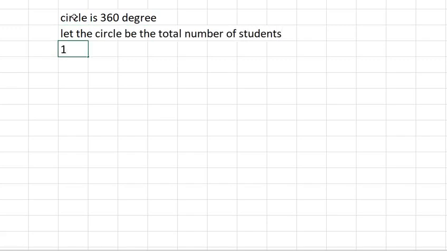We know that circle is 360 degree. Let the circle represent the total students, then 100% is equal to 360 degree. 1% is equal to 360 degree by 100, that is equal to 360 by 100 is equal to 3.6.